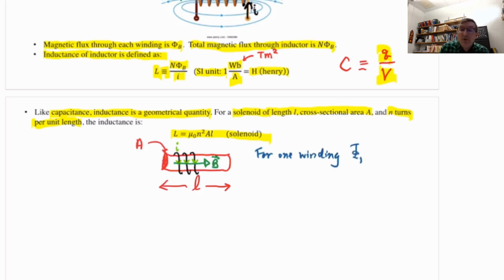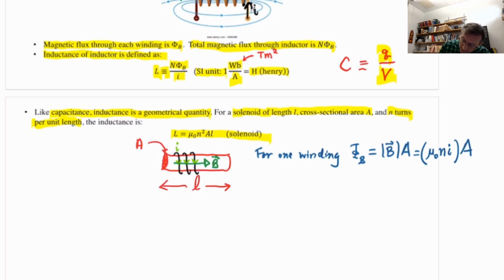That's what your book would call phi sub b. And since I have a nice uniform magnetic field, the result will just be the magnitude of the field times the cross-sectional area. And the magnitude of the magnetic field for a solenoid is mu0, number of turns per unit length, little n, times the current in each turn. So that expression right there is the magnetic flux through one winding.